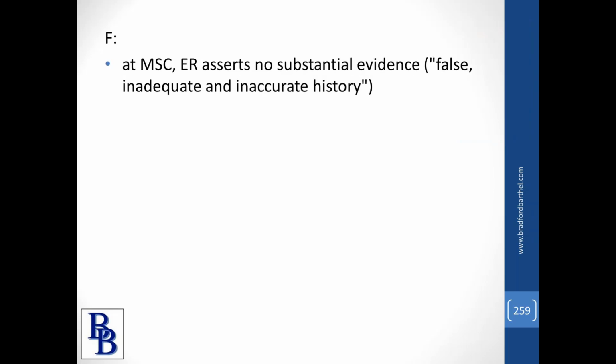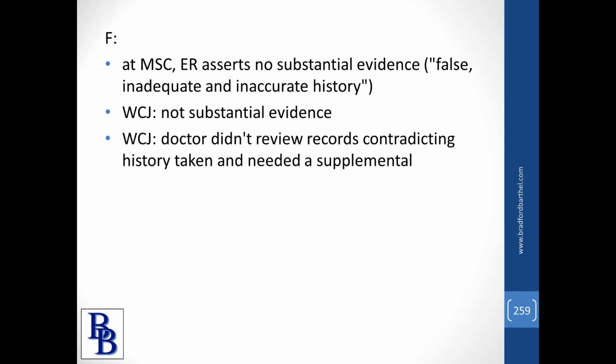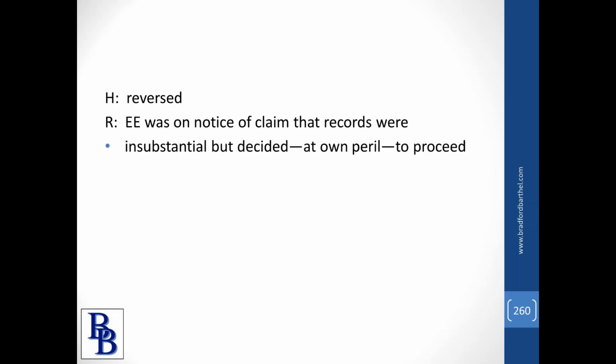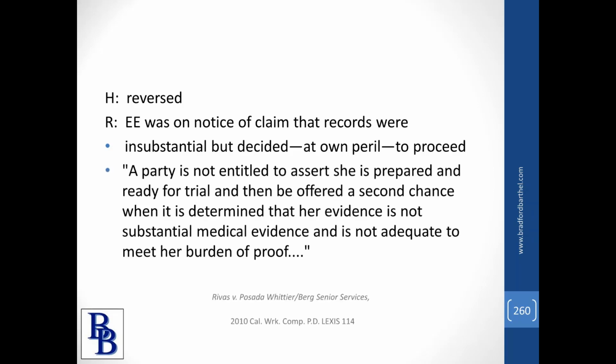This is a fun fact pattern. At the MSC, the employer asserted there was no substantial evidence that the applicant's medical information was false, inadequate, and had an inadequate history. The judge noted that the doctor didn't review records contradicting the history taken and needed a supplemental. This is not reversed. It's actually the judge was held up. It was found that the employee was on notice of the claim that the records were insubstantial and at their own peril, as a strategic policy, but in error, decided to proceed.